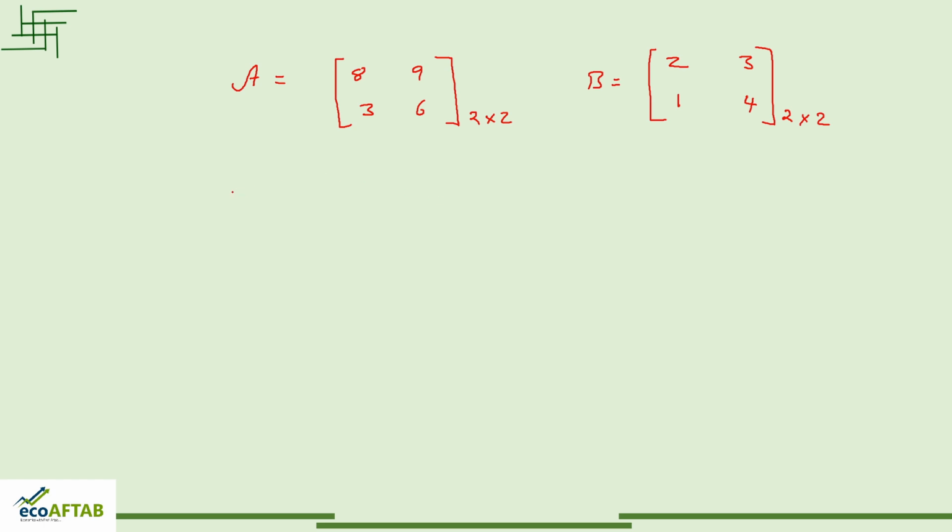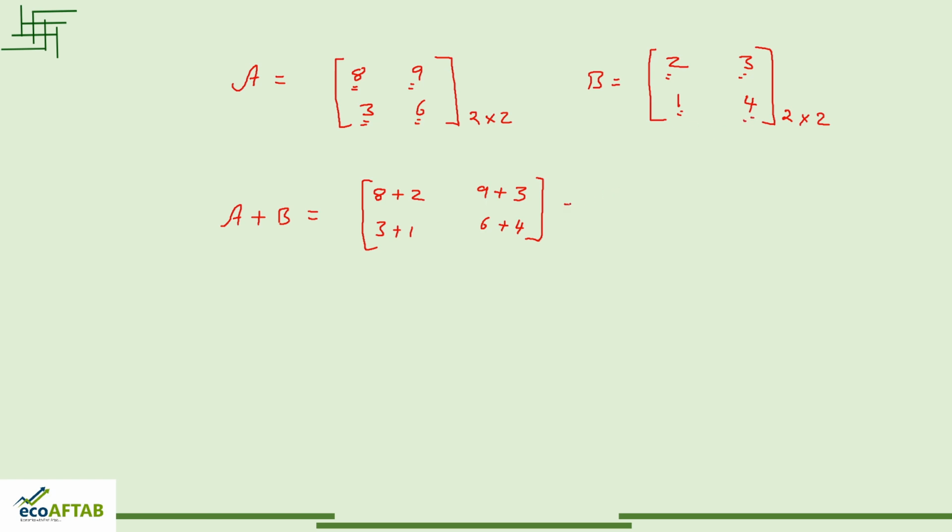Now if I want to add up these matrices, what will I do? A plus B is equal to, I will add every corresponding element of both the matrices. So it will be 8 plus 2, 9 plus 3, 3 plus 1, 6 plus 4.